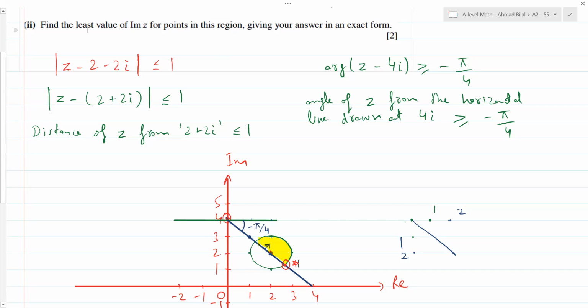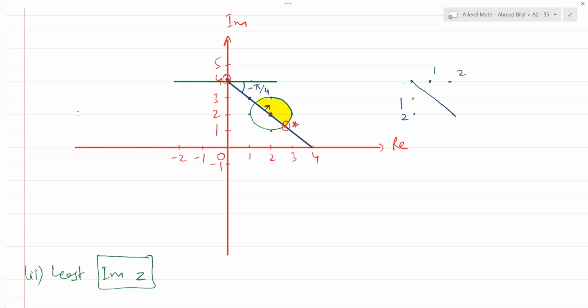Yeah, you have to find that value. अभी तो मैंने सिर्फ graph पे represent किया. So we have to find the least imaginary value of this point. So basically, इसका y coordinate या imaginary coordinate हमें ये find करना है. इसका यहाँ पे value क्या होगी? ठीक है? So how can we find that?